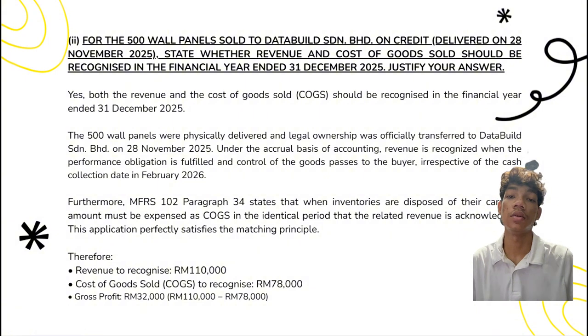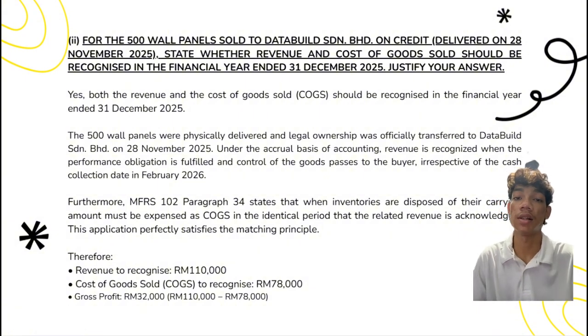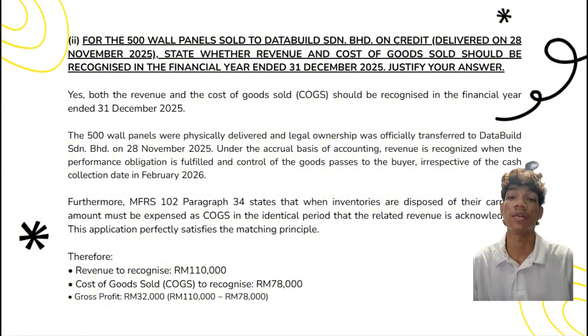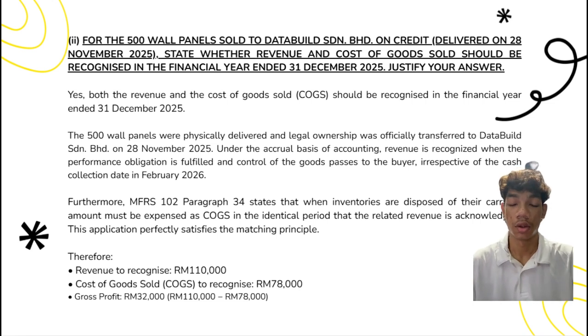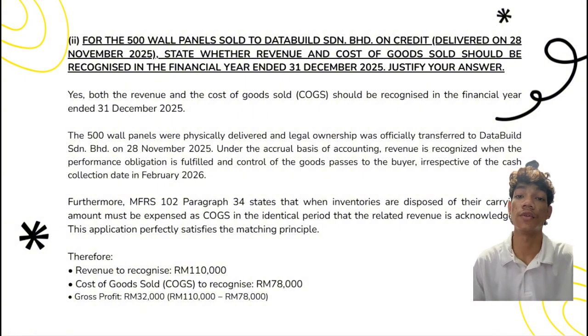So, for question 2, which is for the 500 wall panels sold to Databooks SDN-BSD on credit, delivered on 28 November 2025, state whether revenue and cost of goods sold should be recognized in the financial year ended 31 December 2025. Justify your answer. So, my answer is yes. Both the revenue and the cost of goods sold (COGS) should be recognized in the financial year ended 31 December 2025.